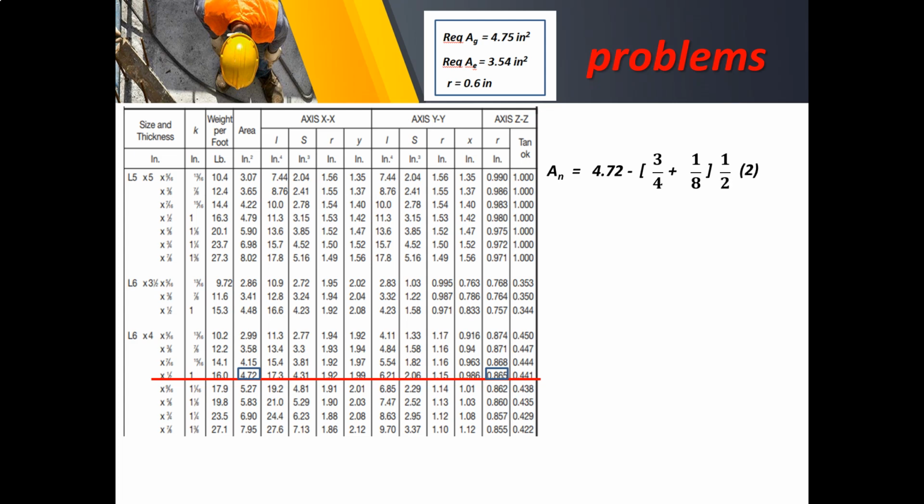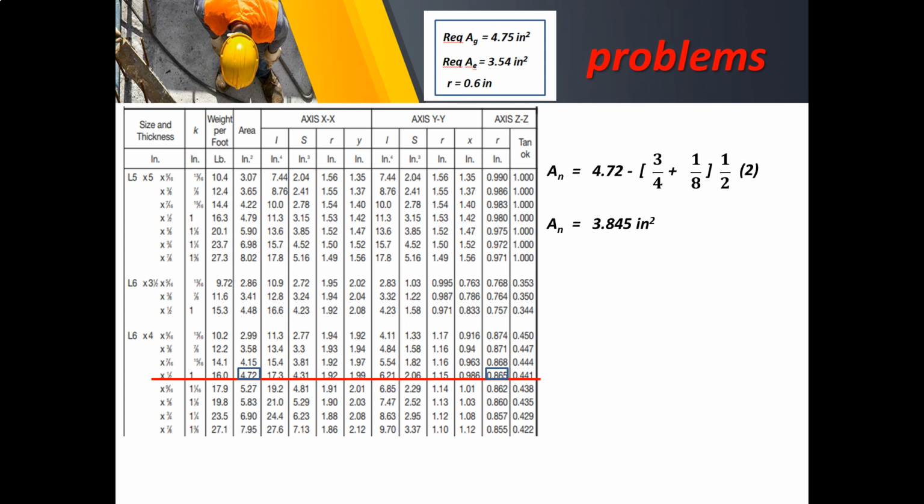And there are two connections, or two rows of connections, on the configuration of our plate or angle bar. So the net area will therefore be equal to 3.845 square inches.